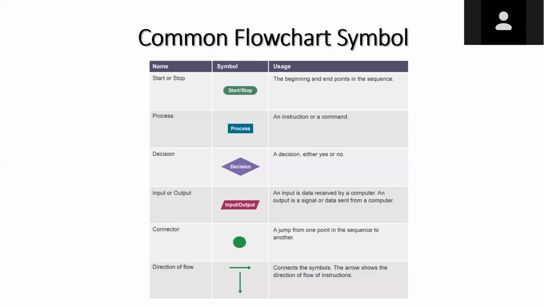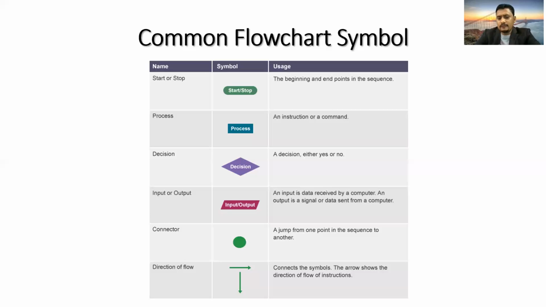And the next one is the connector, the circle. The circle symbol is called the connector. If we have different branches in our program, then at the end, when we want to go forward, the branches will be connected at a point. In that case, we use this symbol.